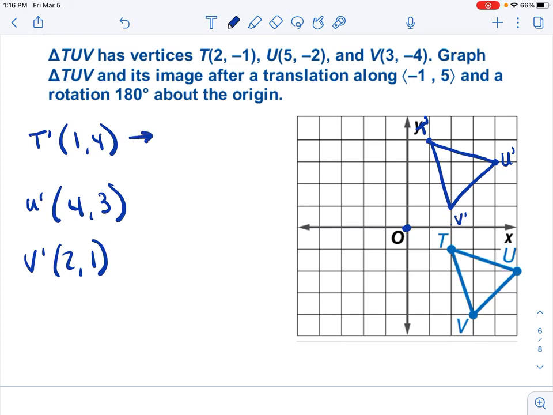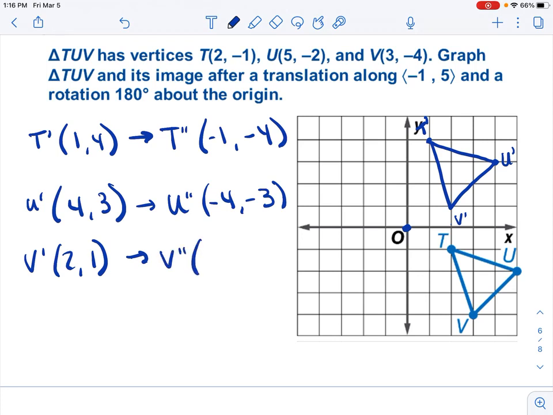All right, now for a 180 rotation, x and y stay in the same spots, but they switch signs, not with each other, but to the opposite version. So if they were positive, they become negative. If they were negative, they become positive.